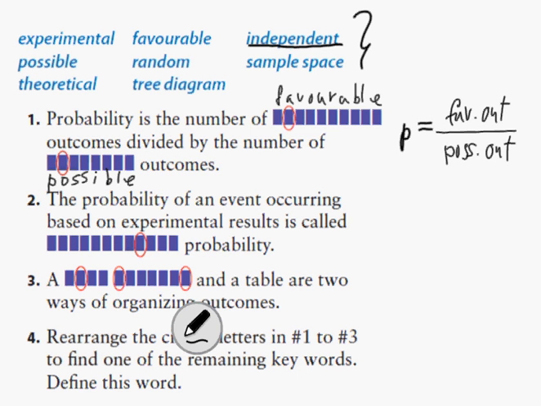And the second question says the probability of an event occurring based on experimental results is called the experimental probability. And we did that with the coin flipping experiment with your partner. We said the theoretical probability for flipping 2 coins and getting heads was 25%.